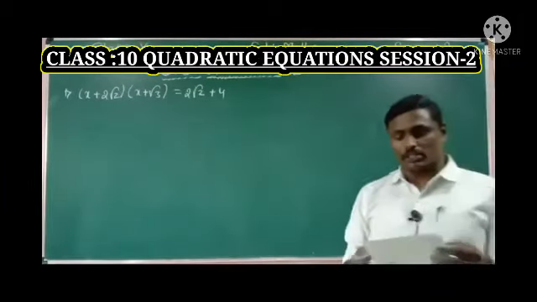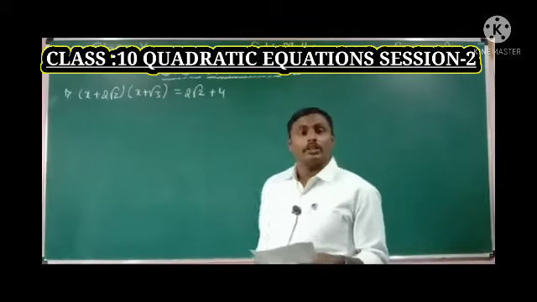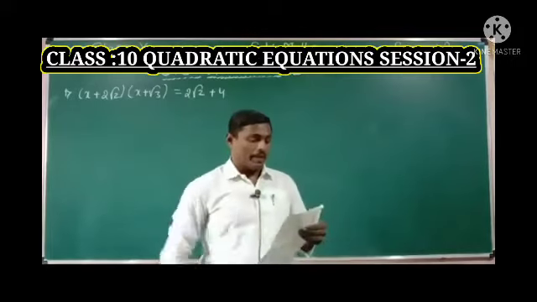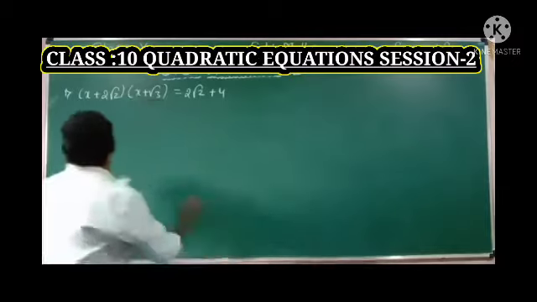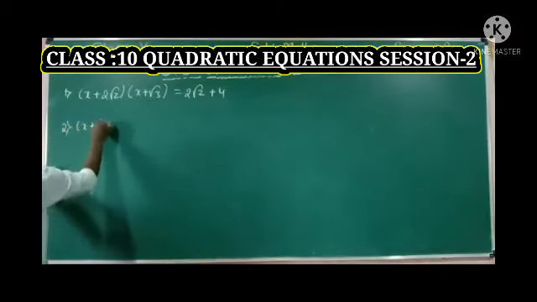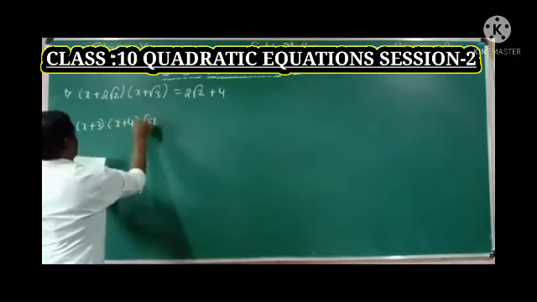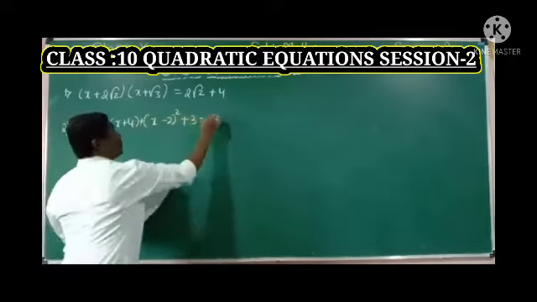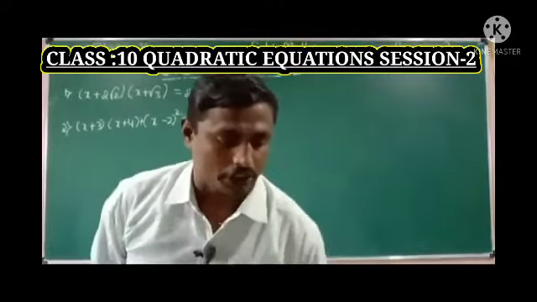Find the coefficients of a, b, c according to the quadratic standard form ax square plus bx plus c is equal to 0. And one more equation is given: x plus 3, x plus 4, x plus x minus 2 whole square plus 3 is equal to 0. So this is the second question.